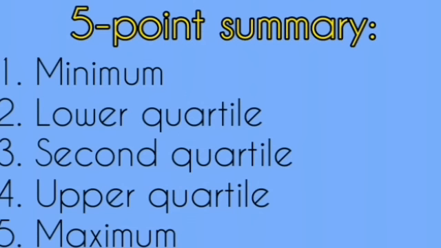So when we are looking at a 5-point summary, we are talking about, from a data set that you are being given, are you able to identify what is the minimum value, what is the lower quartile, what is the second quartile, what is the upper quartile, and what is the maximum value. So minimum and maximum are straightforward, they self-explain themselves. The second quartile, meaning number 3, is actually the same thing as a median, so you're not worried about that.